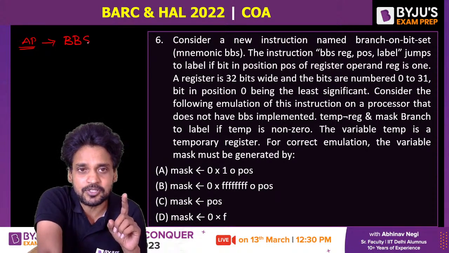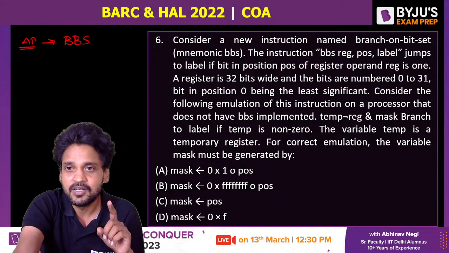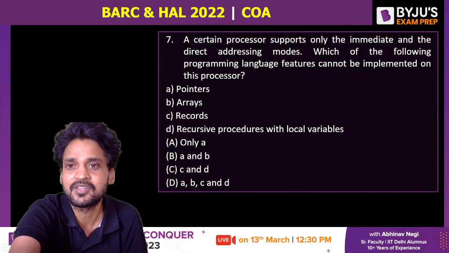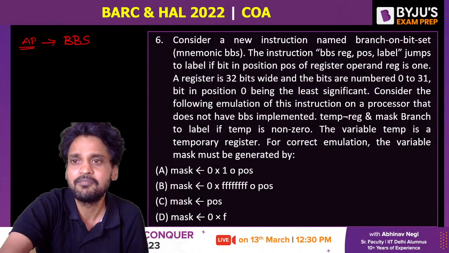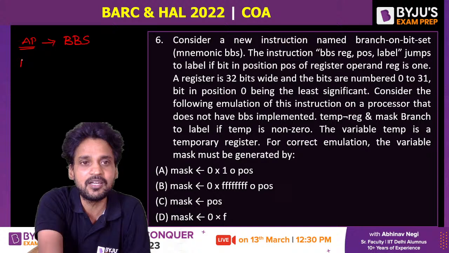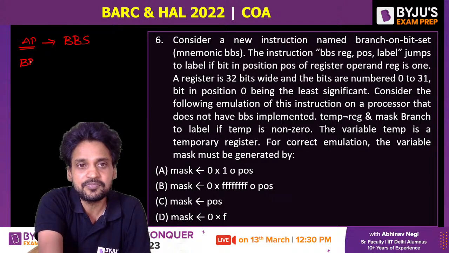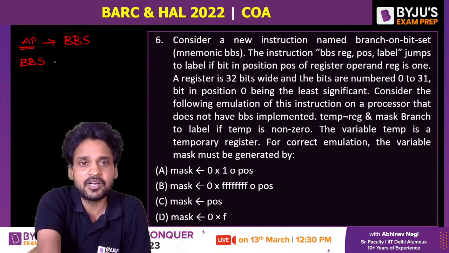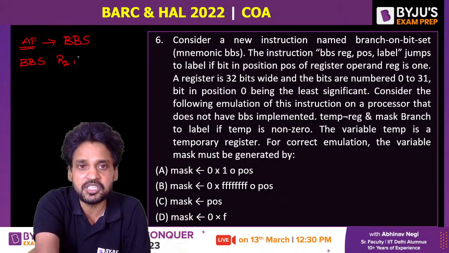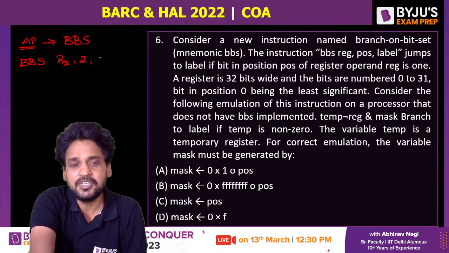How does this BBS work? BBS REG POS label is a branch instruction. A register of the processor will be specified here, the position number here, and a label, some branch address.